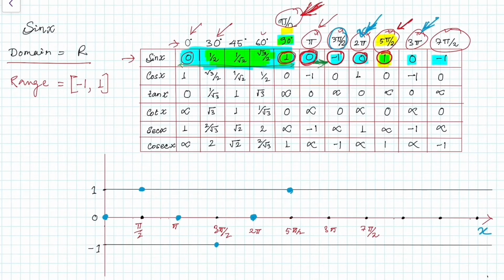Then at 3 pi, the value of sine x is 0. Then at 7 pi by 2 it is again minus 1. So let us join the dots.